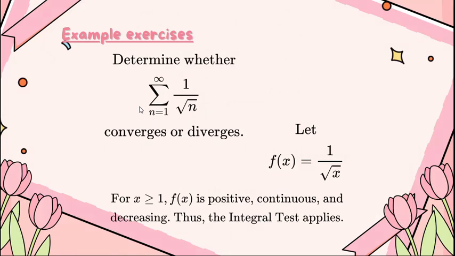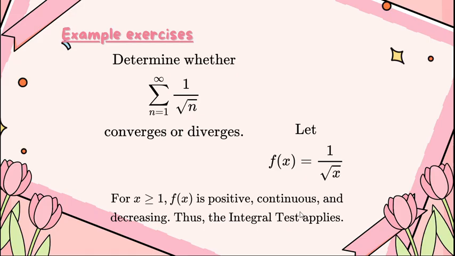Another exercise: determine whether the summation from n equals 1 to infinity of 1 over the square root of n converges or diverges. So we let f of x equal 1 over the square root of x. Again, we turn this series into a function. For x greater than or equal to 1, our function is positive, continuous, and decreasing.